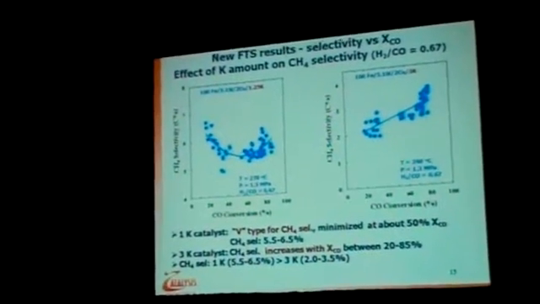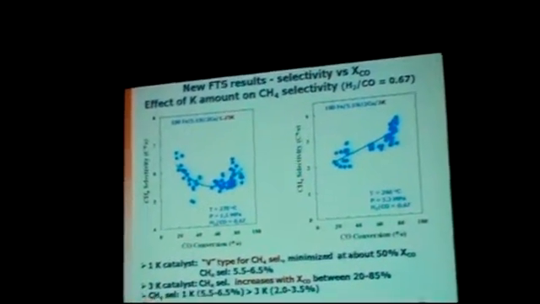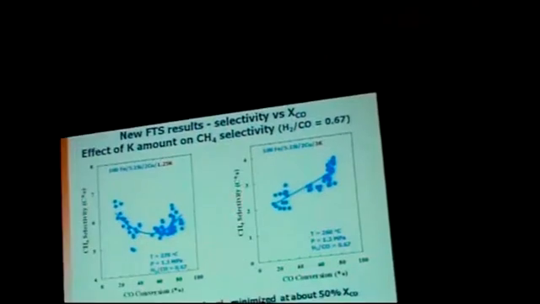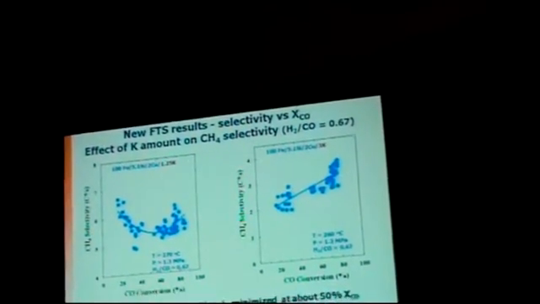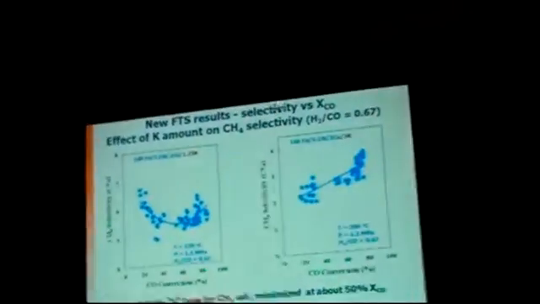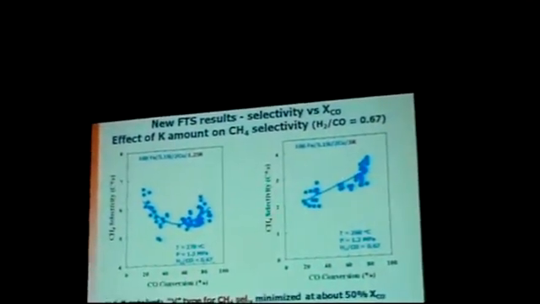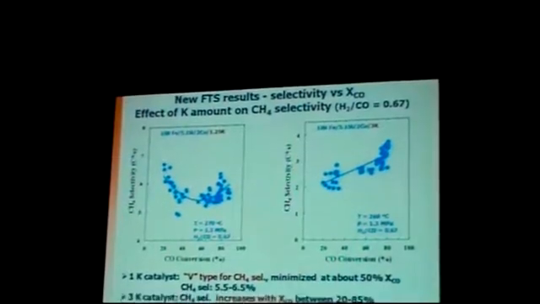However, for the 3K catalyst, methane selectivity changes only about 2 to 3% and increases all the way during the entire CO conversion range, about 20 to 40%.